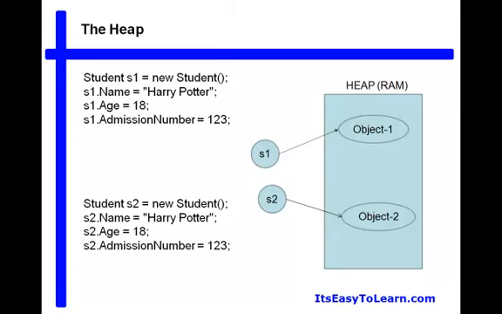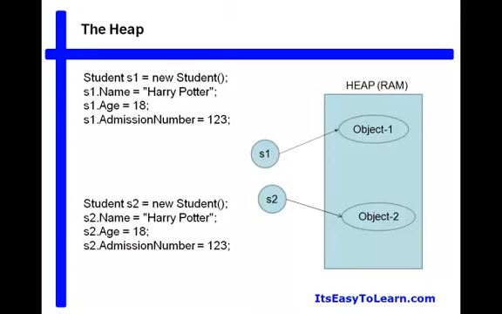Okay, so when we say S1 and S2 are two different objects, they both point to an area on the heap. Heap is just memory. Assume for now heap is an area on the memory. Okay, and you have a handle to that area through the S1 and S2 variables.